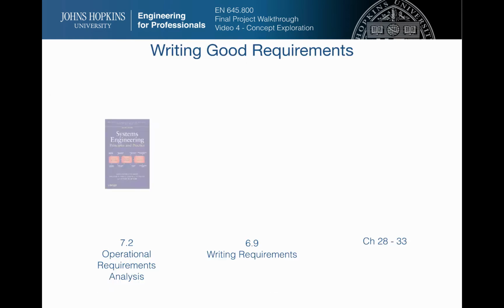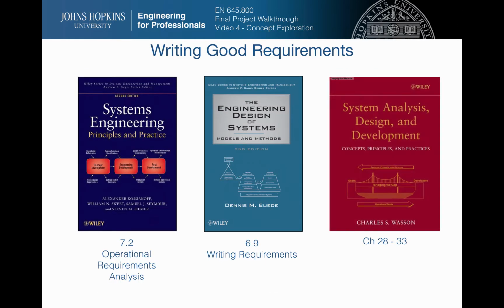Let's get back to talking about writing your requirements. Some good references are your Intro to Systems Engineering and System Integration and Design slides, or System Design and Integration. I can't remember off the top of my head. Some other good sources are section 7.2 in your SEP&P book, 6.9 in Dennis Beatty, and chapters 28 through 33 in Charles Wasson's.